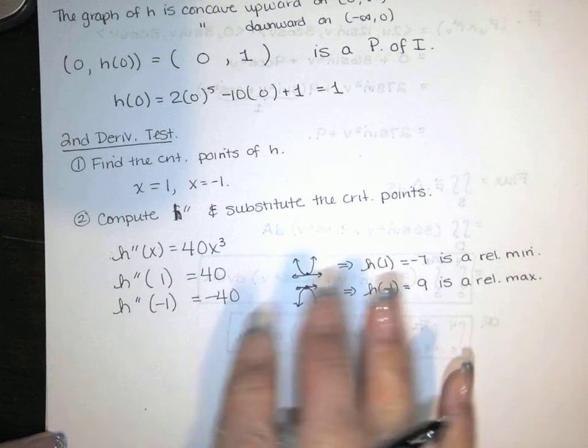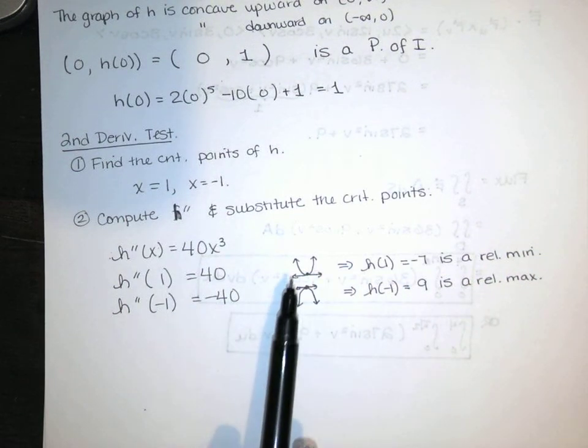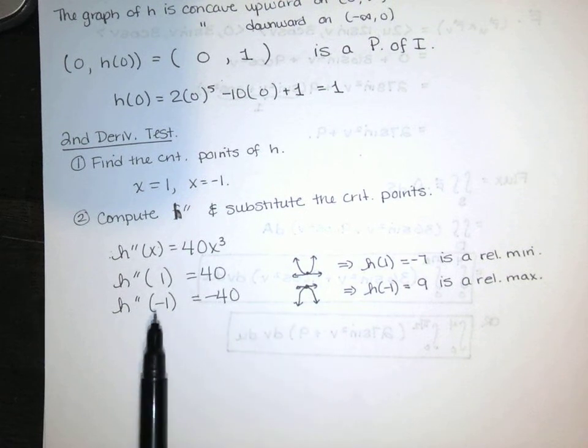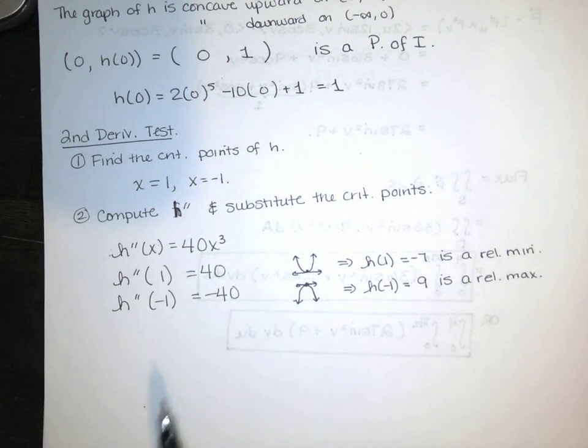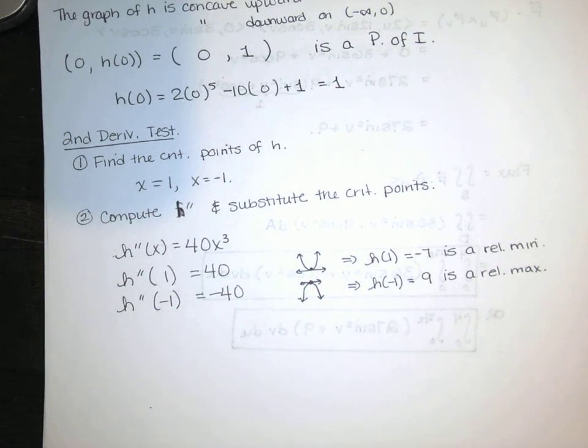Now again, you do not need to do this, but that's what this tells you. If the second derivative is positive and the slope is 0, you have to be at the bottom. If the second derivative is negative, so the graph is like this, and the slope is 0, you have to be at the top. So that's just another way to determine whether critical points are relative minima or relative maxima.